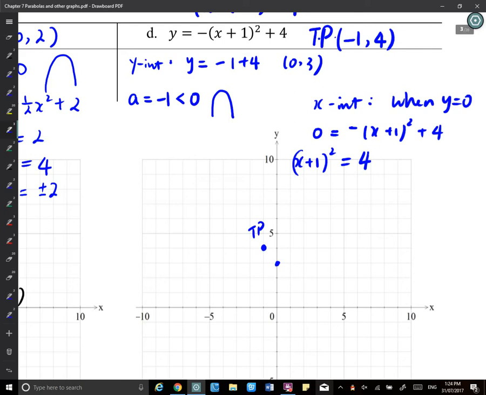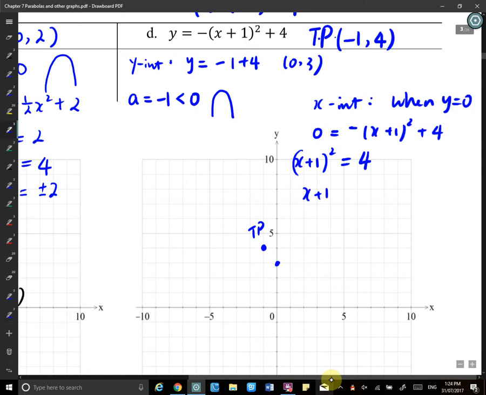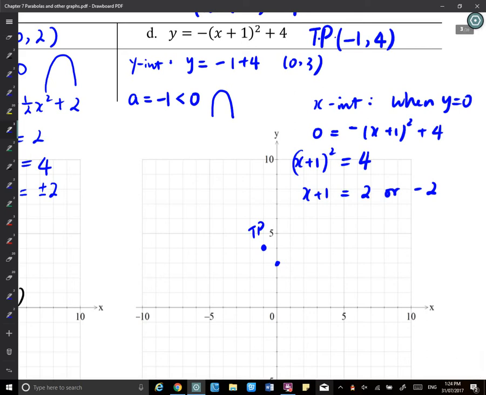Plus minus 2. x plus 1 can be 2 or negative 2. Something squared is 4. What squared is 4? 2 squared is 4, and minus 2 squared is 4 as well. So the whole thing must be plus minus 2.